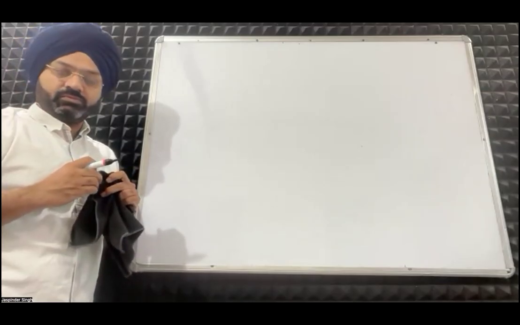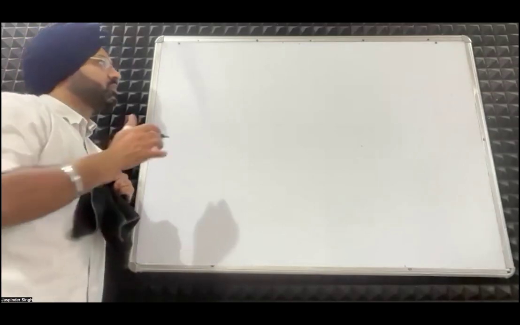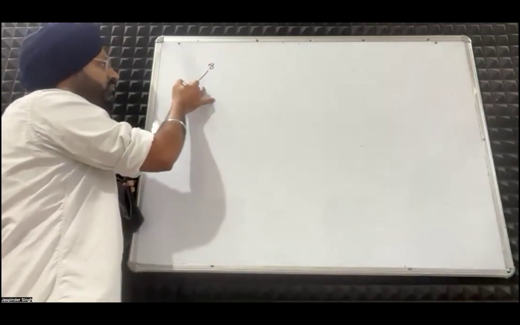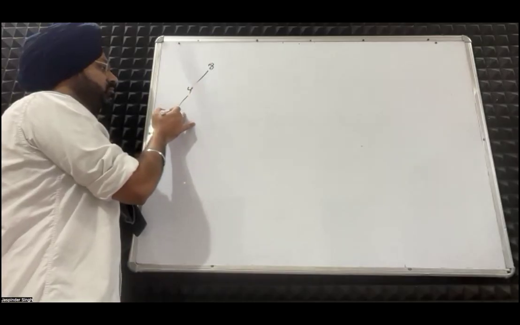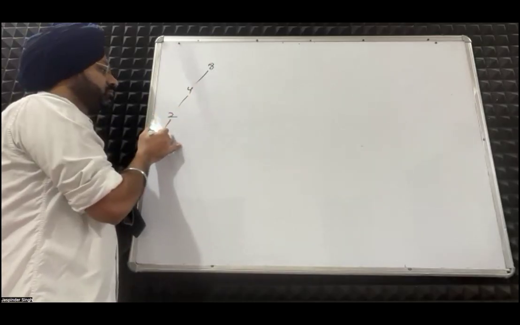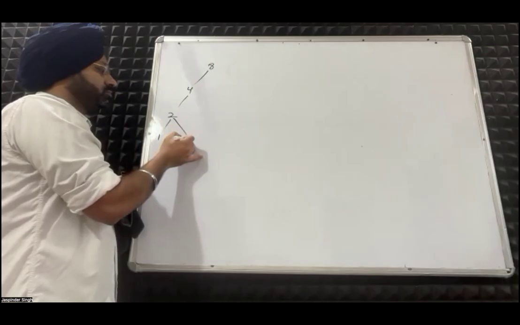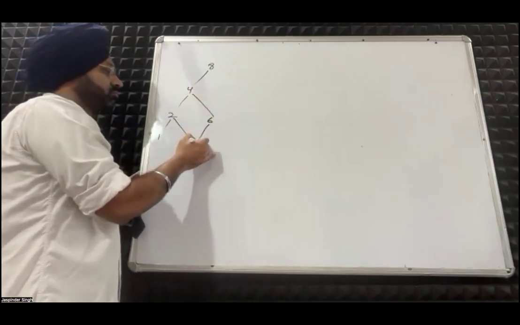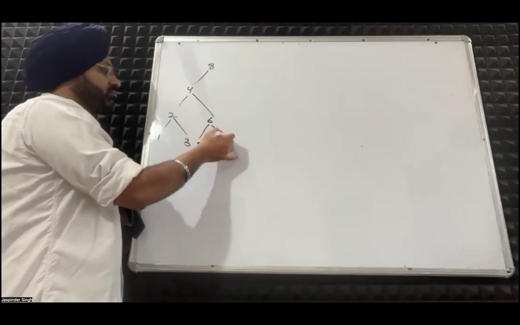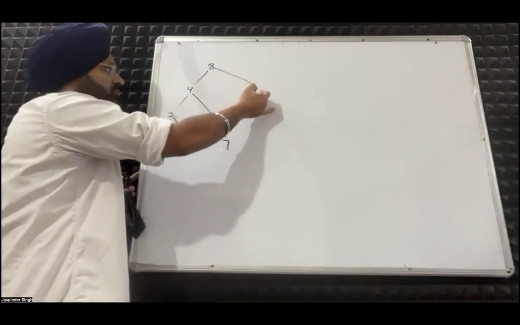I think we can start with root node 8. Okay. And then left would be 4, then 2 and 1, 3, 6, 5 and 7. Good.